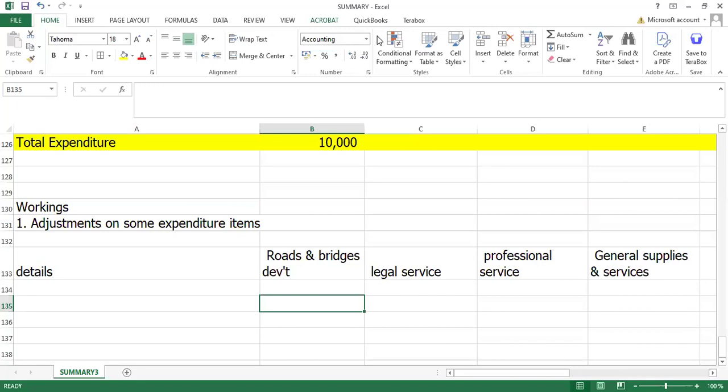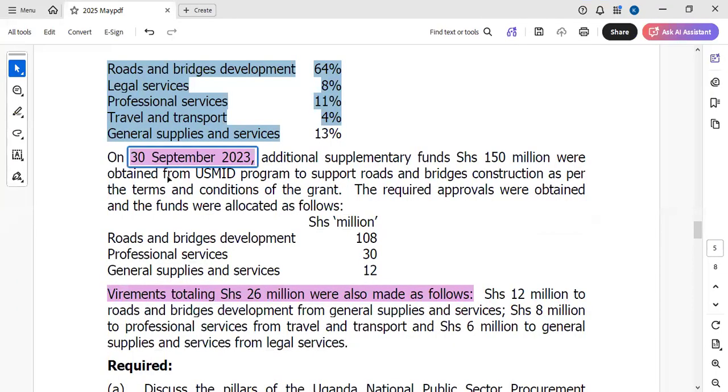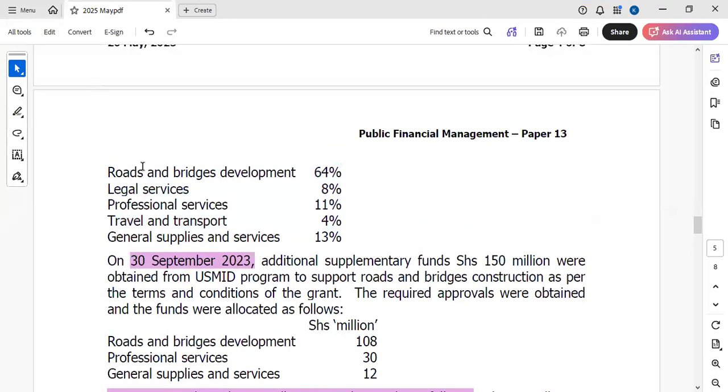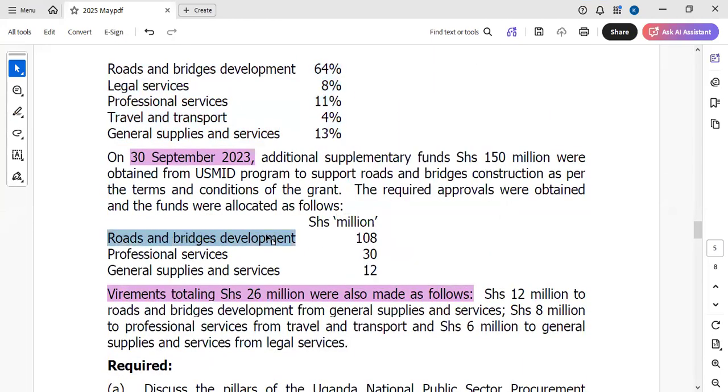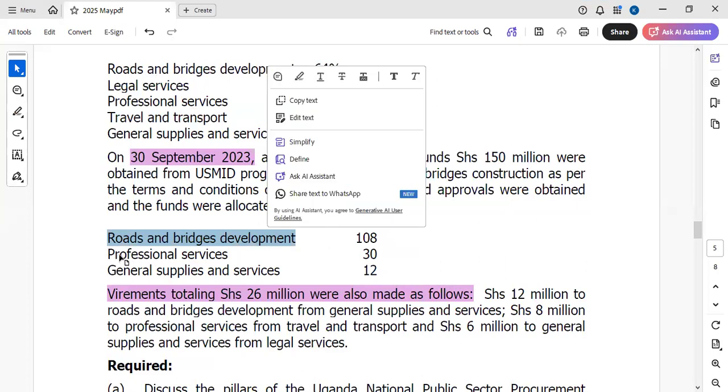Let me see. Have we catered for all? This is adjustment one that we are going to make. Already we have roads and development. In our column, do we have professional services? Yes. We have the column for professional service already.